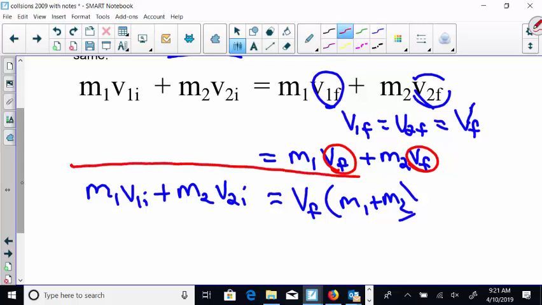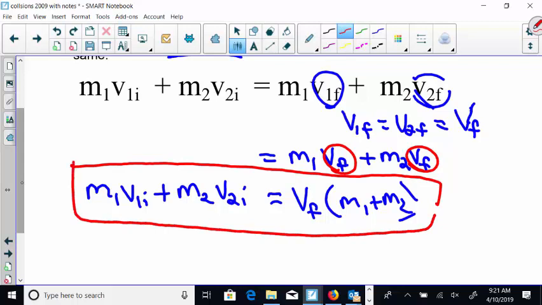This equation should go on your note card as the equation for an inelastic collision. Put that on your note card as well.